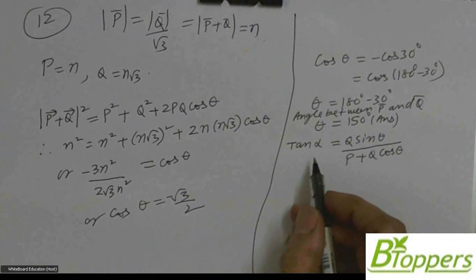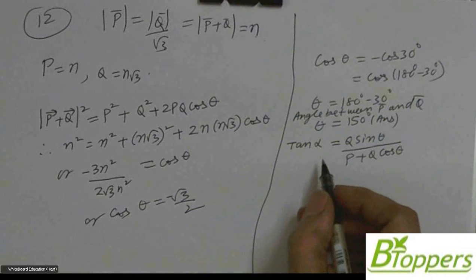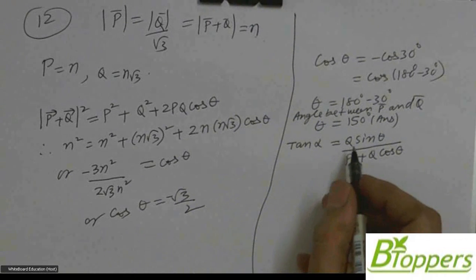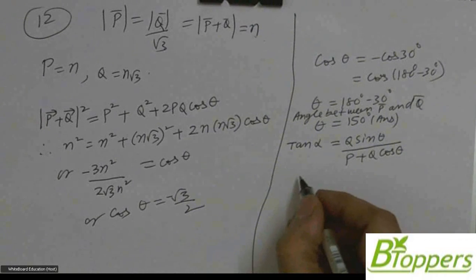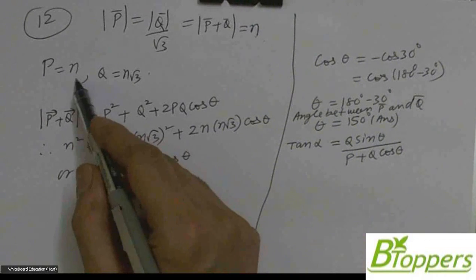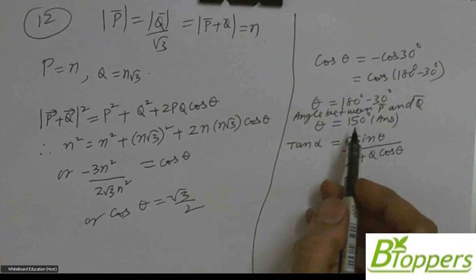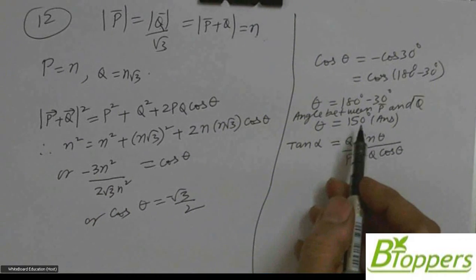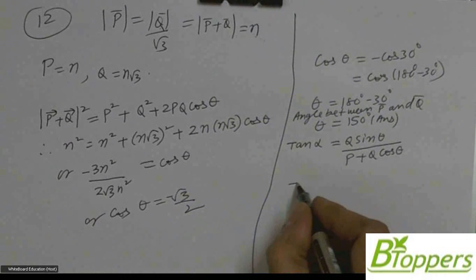Here you can substitute P equal to n and Q equal to n root 3. Theta I can write 150 degrees, or for convenience you can write it as 180 degrees minus 30 degrees.